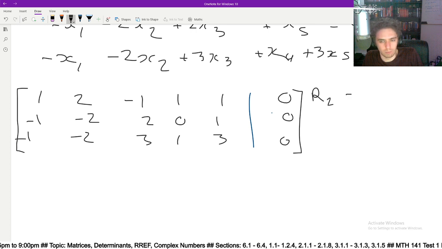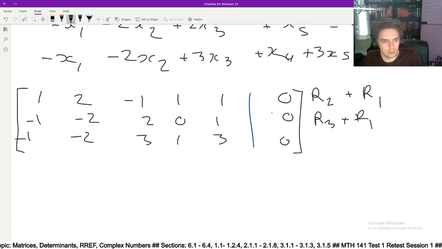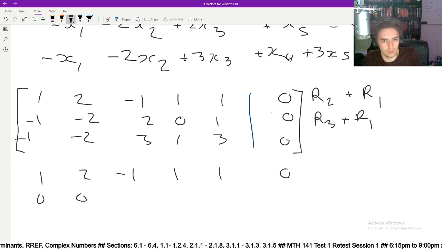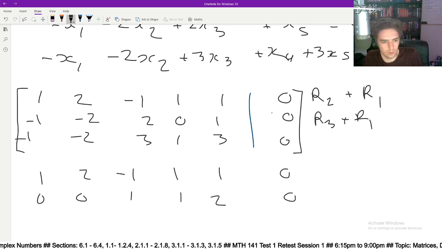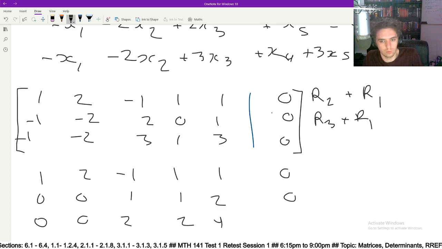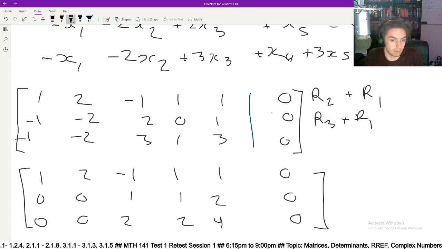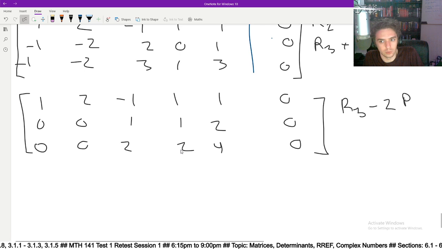So row 2 plus row 1, row 3 plus row 1. So 1, 2, minus 1, 1, 1, 0; 0, 0, 1, 1, 2, 0; 0, 0, 2, 2, 4, 0. Okay, we can already see we have a parameter, right? And then I'll do row 3 minus 2 row 2.